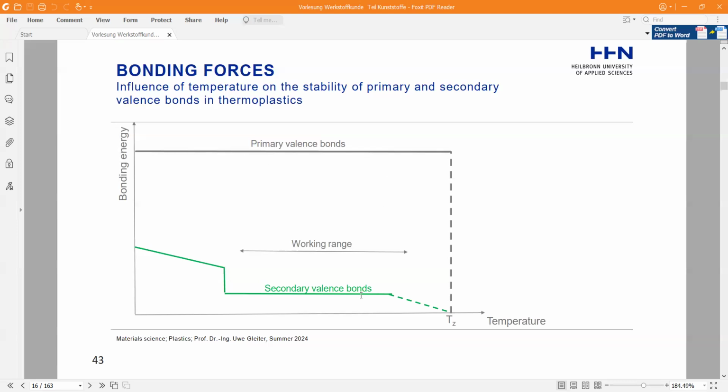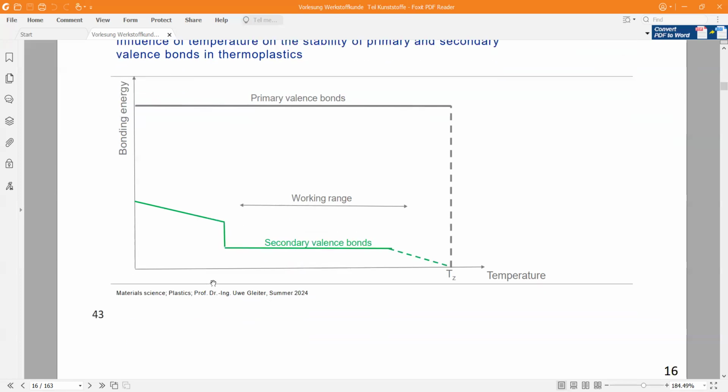For secondary valence bonds, we have a working range between two temperatures where the bonding energy is constant. But if we have a temperature which is lower than T1 or higher than T1 plus the range, the bonding energy gets lower with rising temperature.